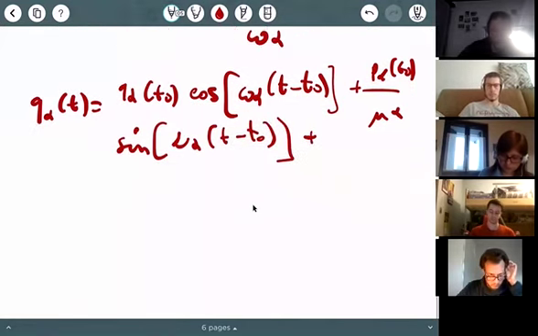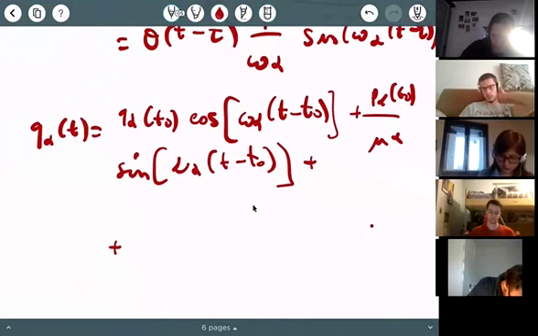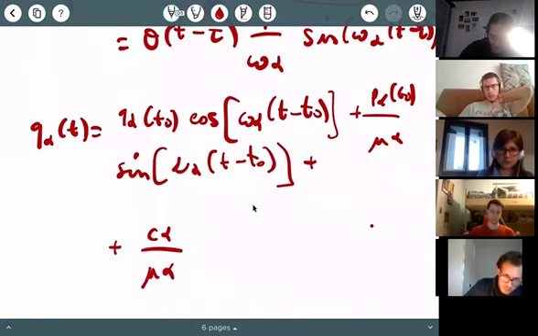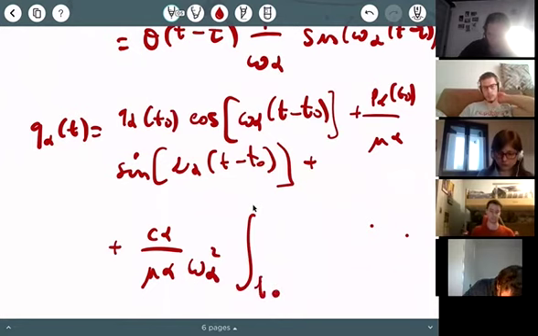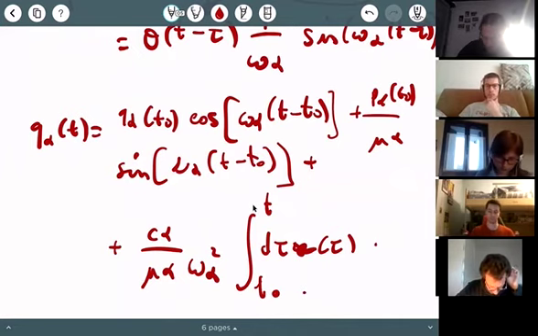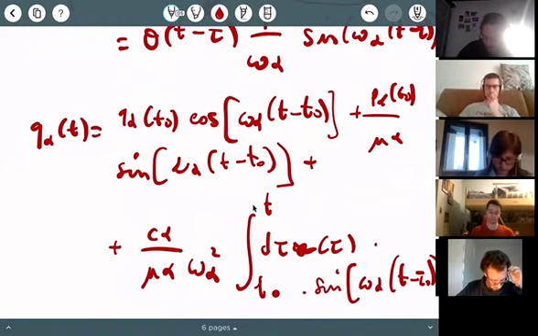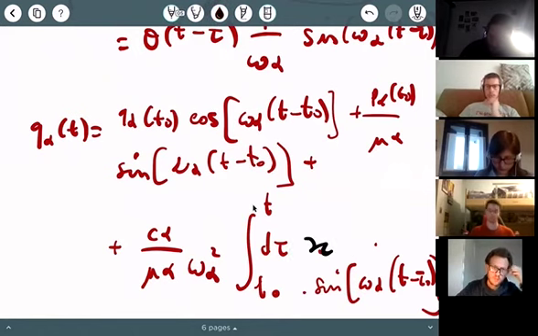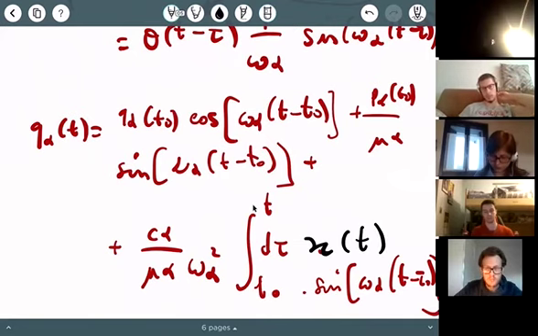And then plus the integral, oh, well, I put the sum, C alpha mu alpha omega alpha, integral from T naught to T d tau, or sometimes I use tau, sometimes I use S. Well, I use tau, x of tau sine of omega alpha (T minus tau). And here I'm using the black to remind myself. I think it's T. Yeah. Okay, fine, made it.